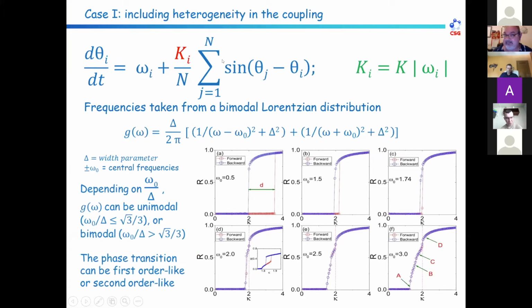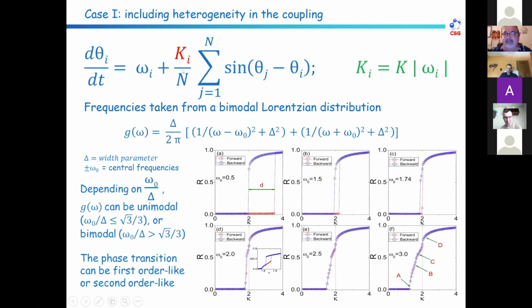field. So the idea is you have now all oscillators coupled with the mean field, and the coupling, instead of being a constant, independent, equal for all oscillators, has a value Ki. And this value Ki is nothing but K, a constant, the coupling strength, times the original frequencies of the oscillators.